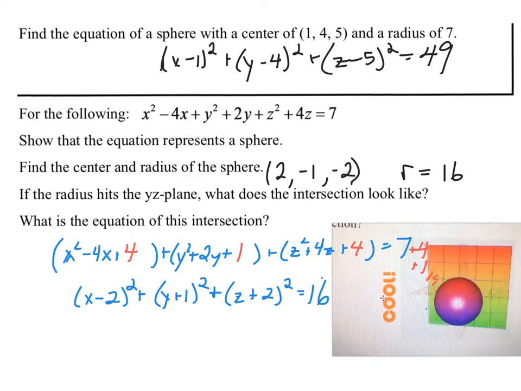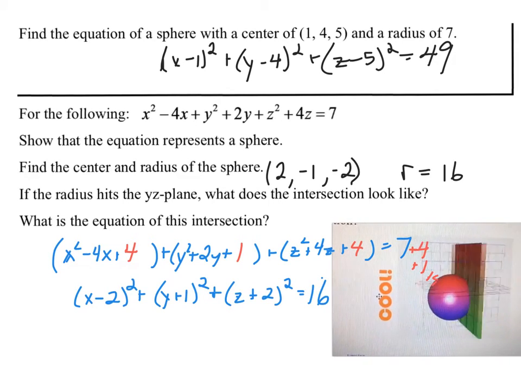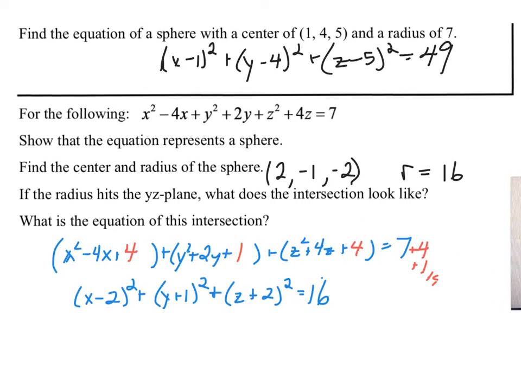You'll notice right here when it turns, we see a circle when it hits the plane. So let me drag that out. It's a circle. Now when it hits the YZ plane, that means that x is equal to 0.